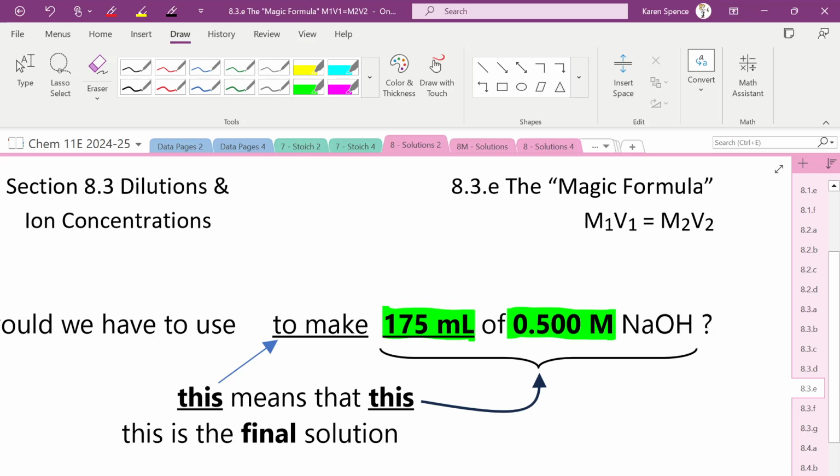NaOH. Do I want that NaOH in here? Yes, I do. So I'm going to rinse it out. Rinse. And then what will I do? Add water to which line? 175 milliliter line. Next. Parafilm. Invert to mix. And we're done. Yes? Okay. Good stuff.